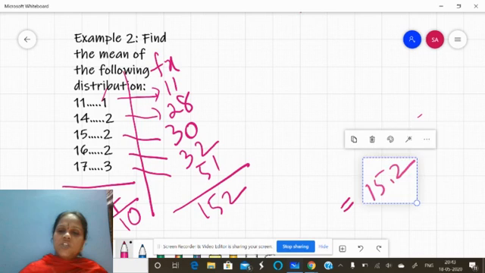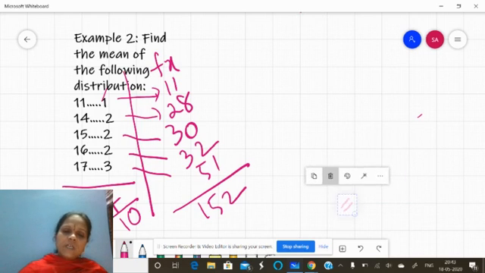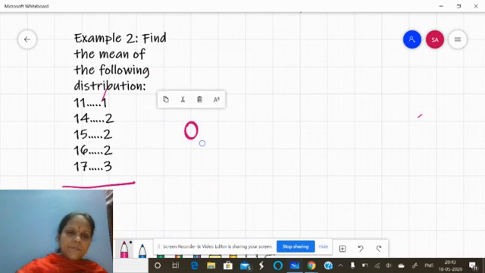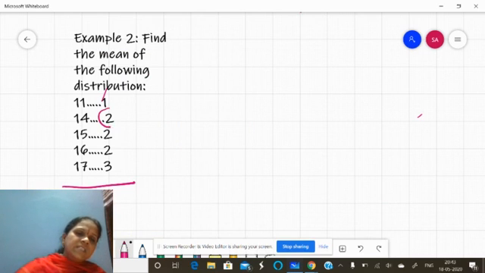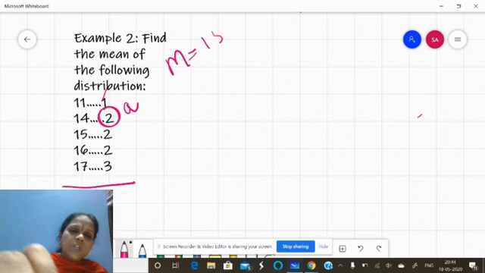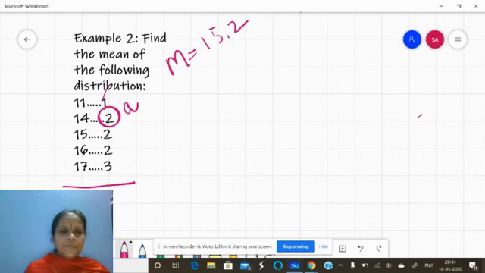Now let us assume that one of the frequencies is missing in this data. Let us take the same example. Let us assume this value as A. Instead of 2, he has given A. And he will be giving the mean value, which we know as 15.2.